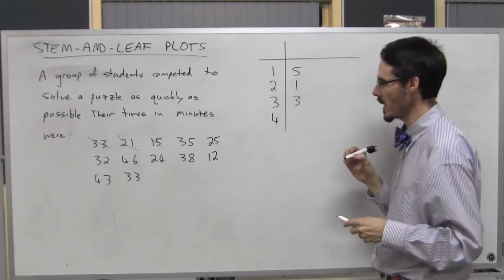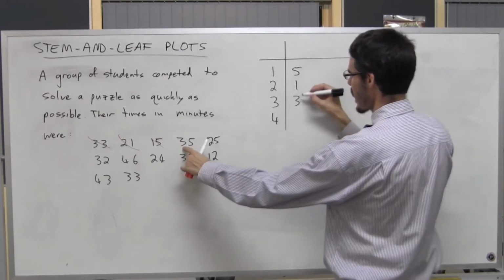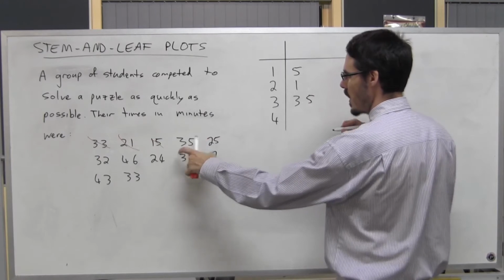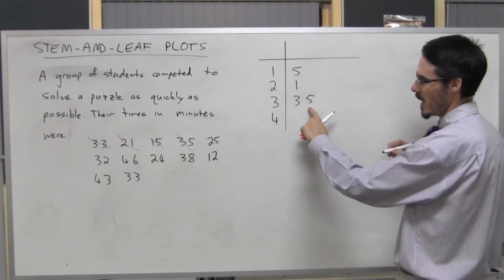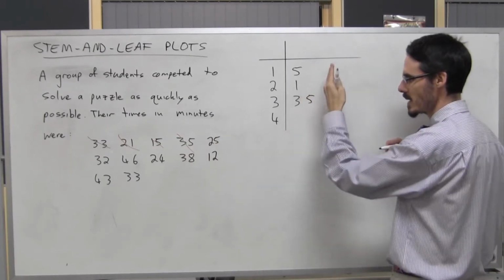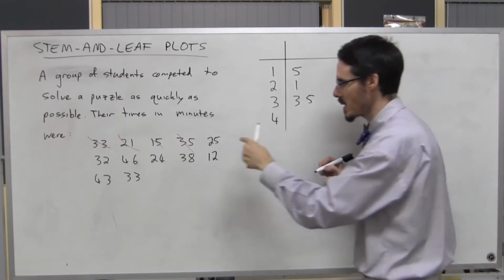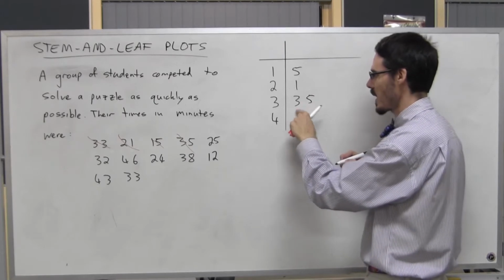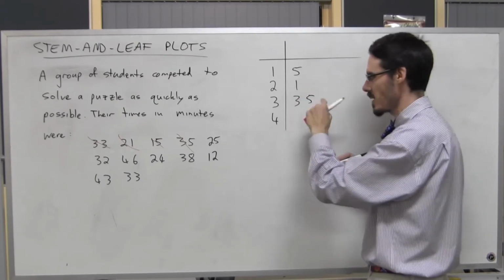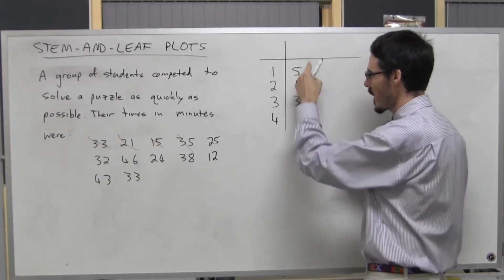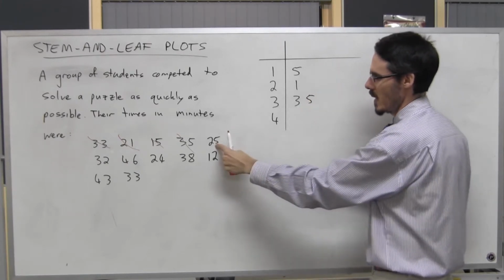Can you see what I'm doing? 35, 3, 5. Notice I'm going to start getting these in nice, neat columns. You don't need commas or anything in between because each of the leaves is really only the last digit.